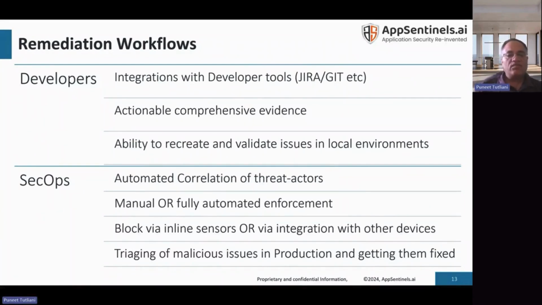The tool should have some sort of manual and automated enforcement mode. You may not have a large security operations team able to analyze all the events in real time and act on it. So it would help if, instead of reactive blocking, the tool can do proactive blocking and block these attacks before they can cause damage to the organization.